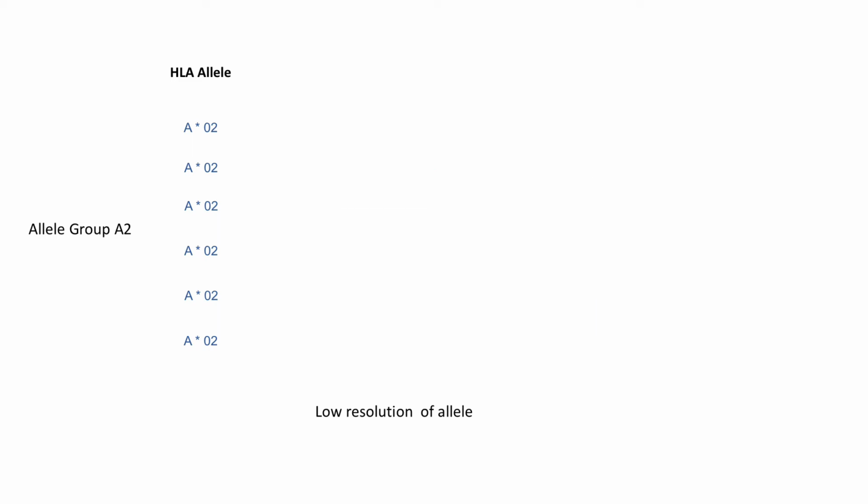So these 6 alleles belong to the HLA-A2 group on low resolution, and we do not know which exact allele these are. And all these HLA-A2 alleles will appear as A2 antigen by serology. So HLA molecules of these alleles will appear as A2 antigen on serology, and we will not be able to identify which exact HLA molecule it is.